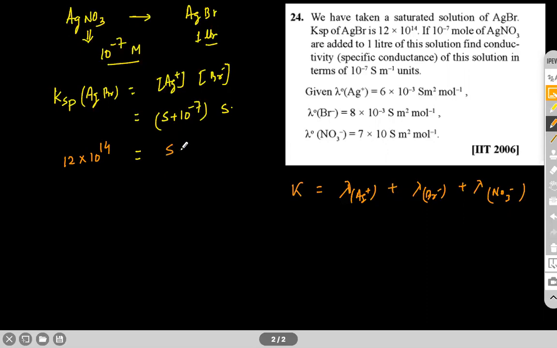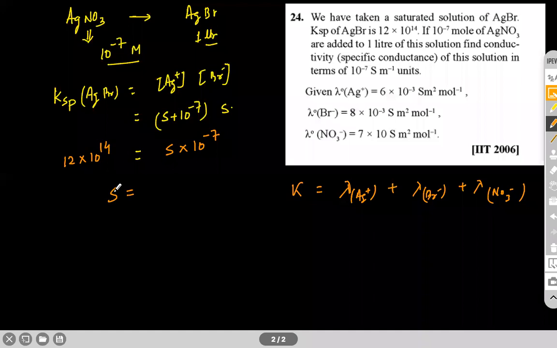So we can write, if you neglect this, S into 10 to the power minus 7, and this solubility becomes 12 into 10 to the power, I think this should be minus here. 12 into 10 to the power minus 7. This is the solubility we get.